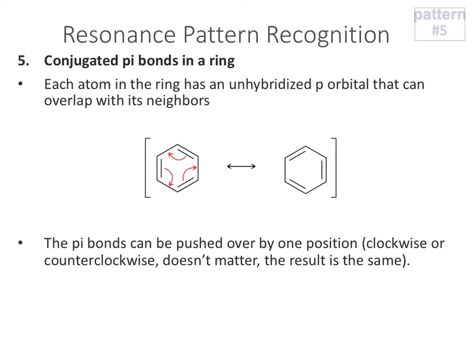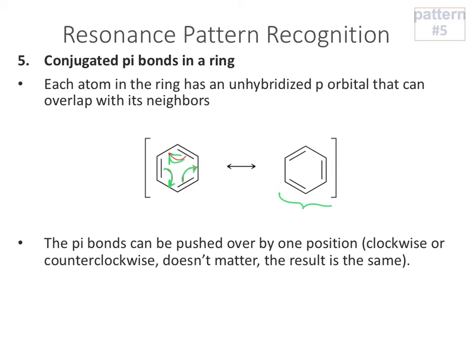The final pattern would be conjugated pi bonds in a ring. Conjugated means you have pi bonds that are interrupted by a single bond, so it's alternating double bond, single bond, or it could be double bond, single bond, triple bond, pi bonds alternating with single bonds. So in this, all of the pi bonds will move, shown here, so they all are just moving over one place to get to the other resonance structure.